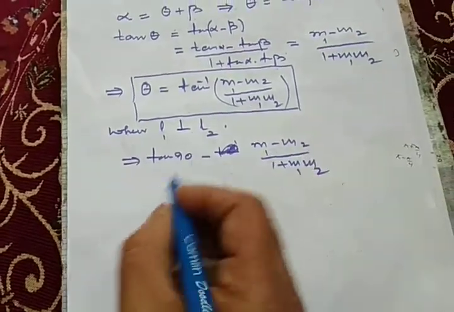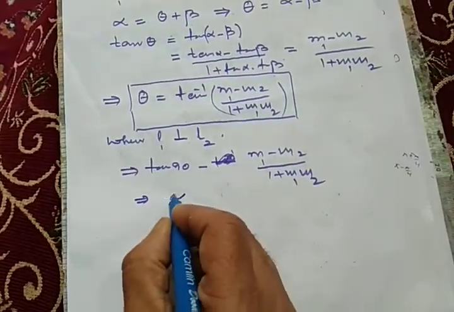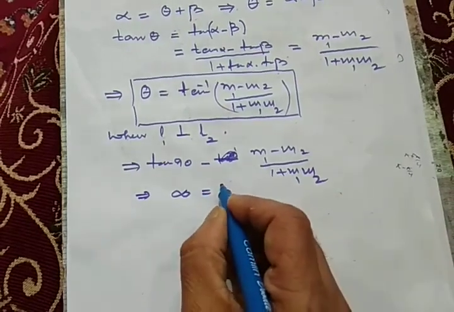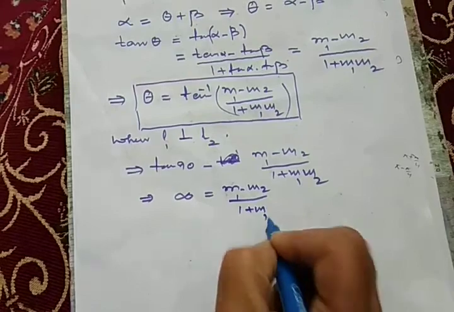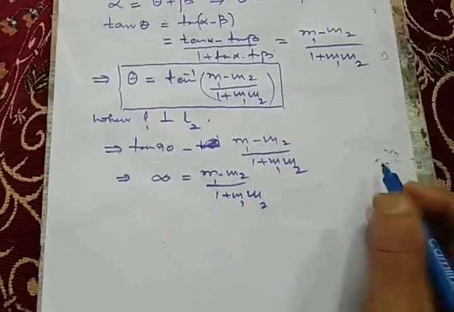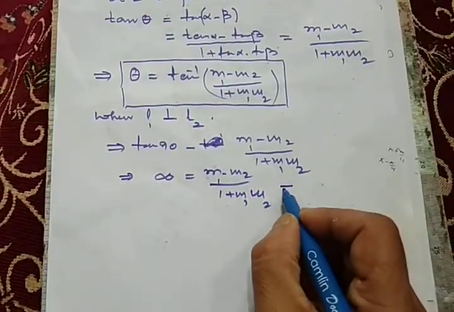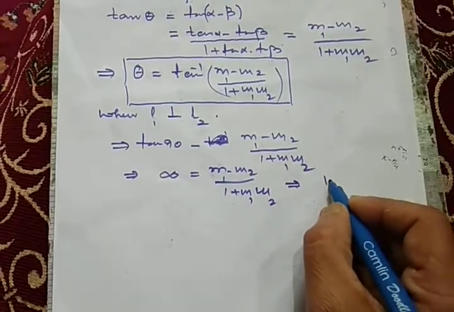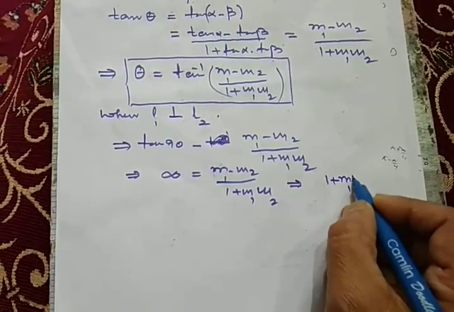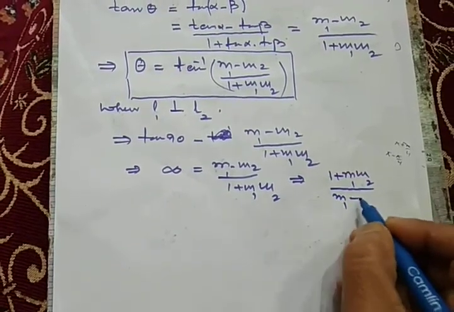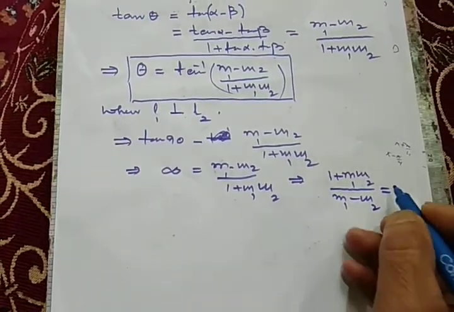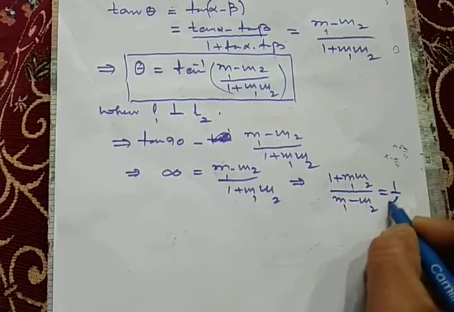Now tan 90 is infinity. So M1 minus M2 divided by 1 plus M1 M2 is equal to infinity. Inverting the two, 1 plus M1 M2 divided by M1 minus M2 will be equal to 1 by infinity, that is 0.